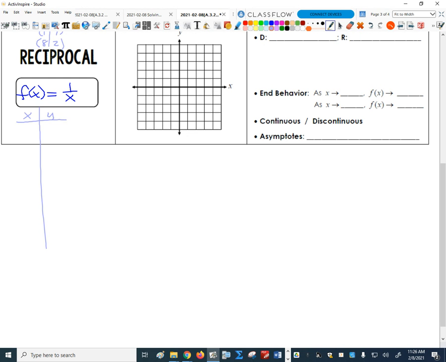Okay, so we know right away that at 0, I don't get an output, so that's undefined, right? There is no point at 0, 0, or when x equals 0. There's no output, okay? Well, let's try the next one. What about 1? If I input a 1, what's the reciprocal of 1? 1, right? 1 is its own reciprocal. So it goes through the point over 1, up 1.